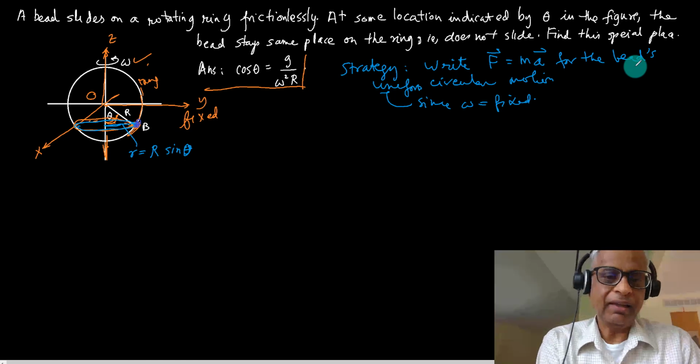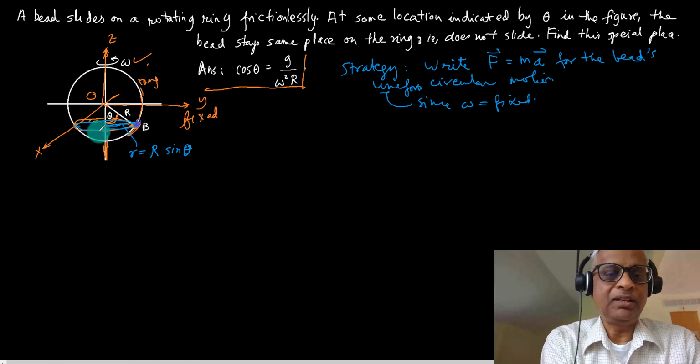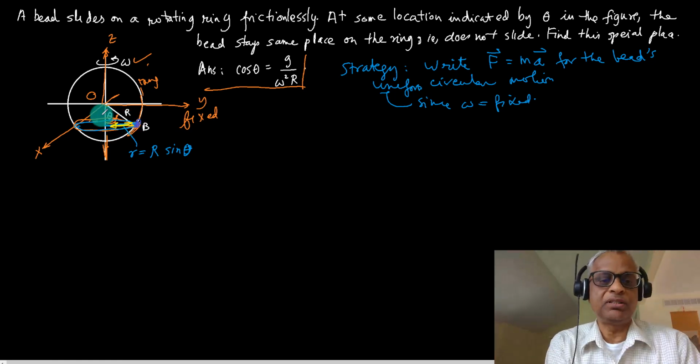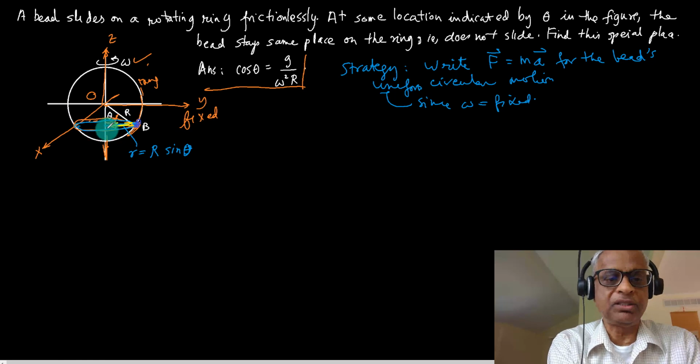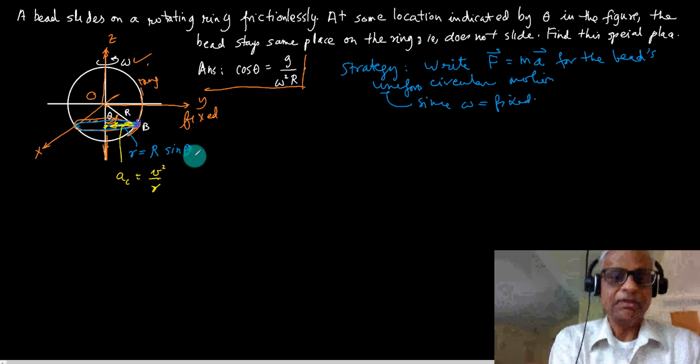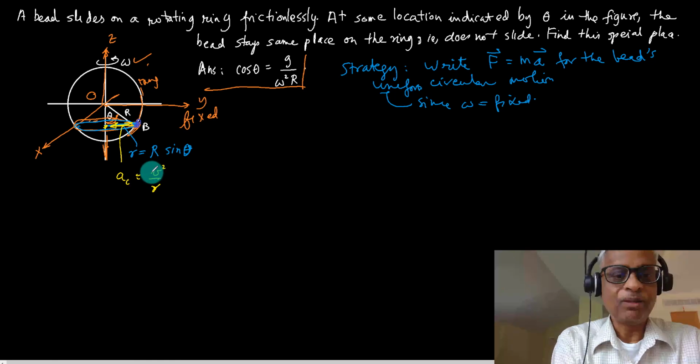The acceleration will be towards the center of the circle in which it's going. So at this instant, it will be v squared over this radius, small r, not capital R. And what is v?